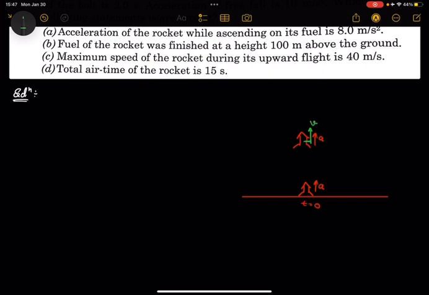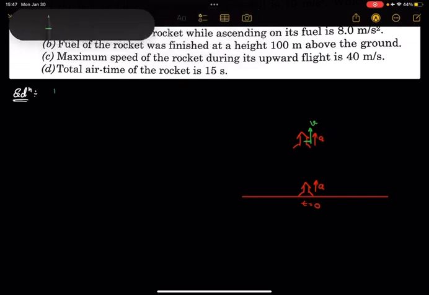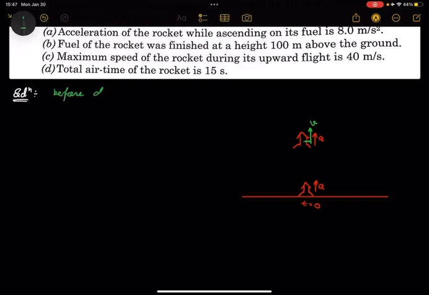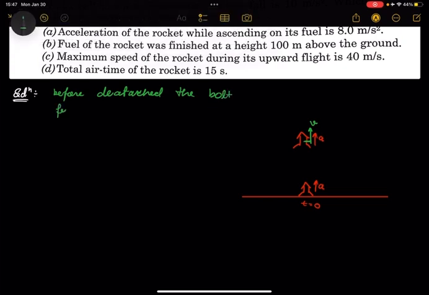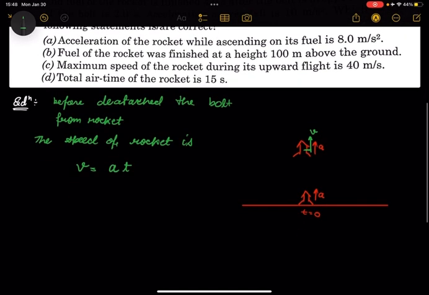So before the bolt detaches from the rocket, the speed of the rocket is v equal to at, and t is given as 1 second, so v is equal to a.